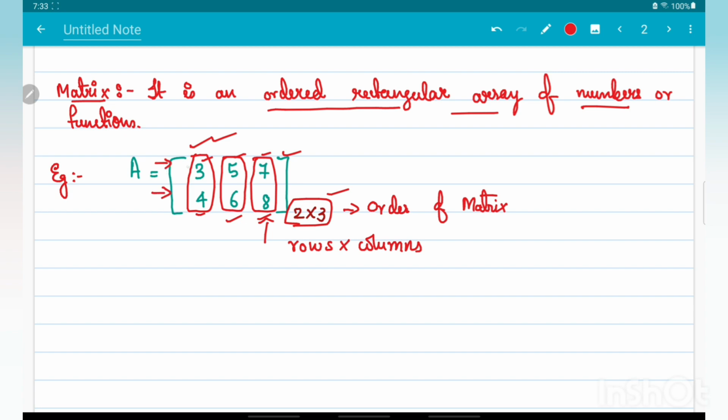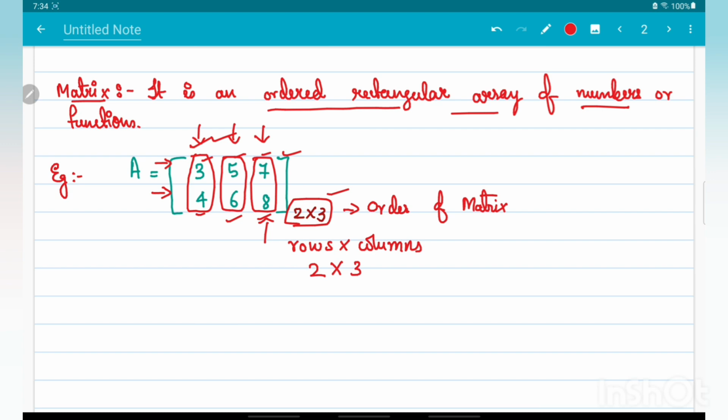This is one row and this is the second row. So I write 2 and then the cross symbol and then the number of columns. So if you see, there are 1, 2, 3 columns over here. So here comes your order of matrix.